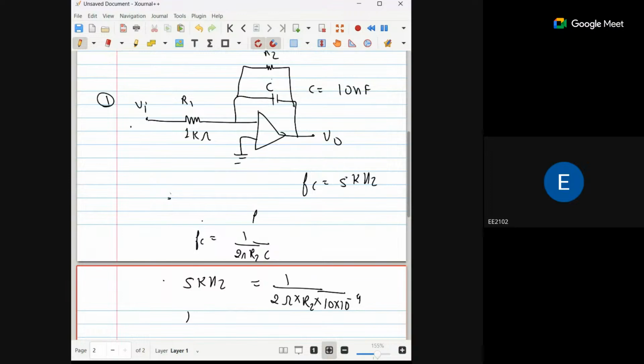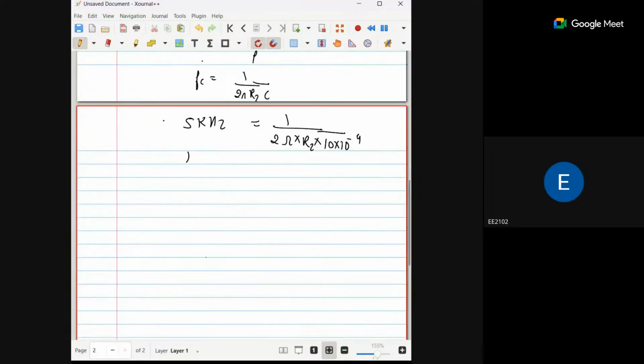Okay. So now 5,000 hertz is equal to 1 upon 20 pi into R2 into 10 to the power minus 9. So R2 will be 10 to the power 9 upon 20 pi into 5,000.